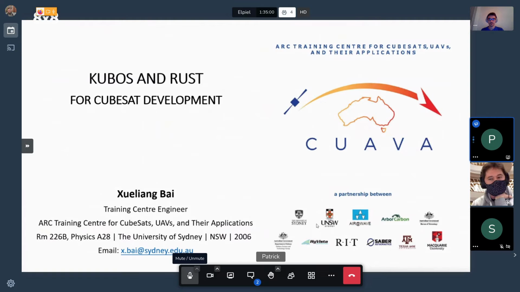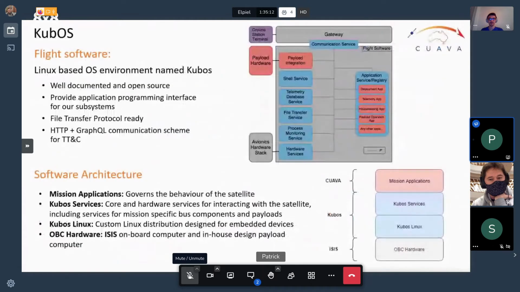Good. I also want to talk a bit about KubOS and Rust, since this is the AeroRust meetup. Although I think that Adrian told you a little bit about it last time. Generally KubOS is a Linux-based OS, well documented, open source, as we said already.